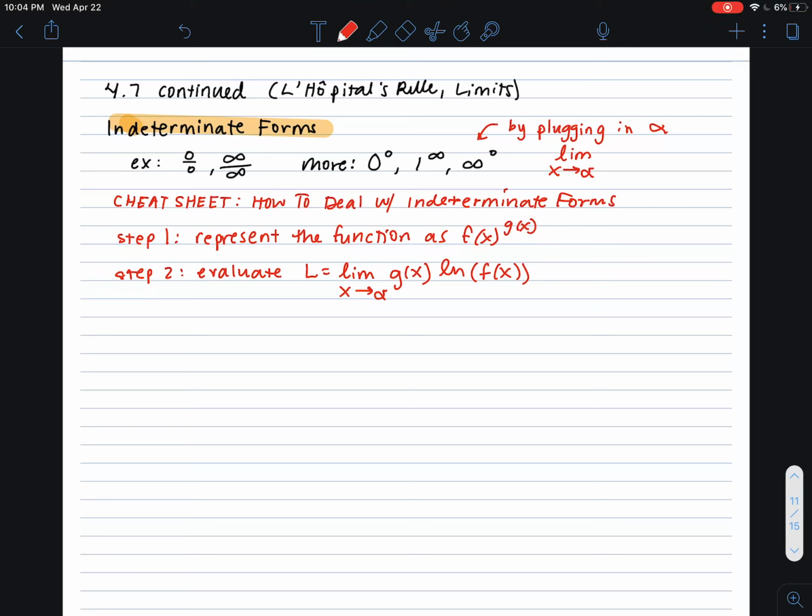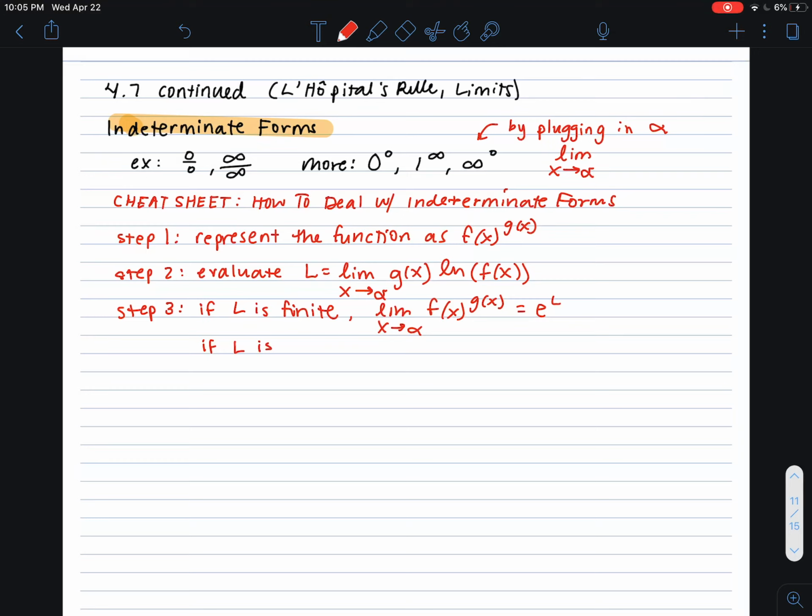And then we have 3 possible step 3s, depending on what we get. First of all, if L is finite, so if this limit up here is not equal to infinity, then the limit as x approaches alpha of f of x to the g of x, which is just our original function we're trying to take the limit of, is equal to e to the L, so e to whatever you got for this.